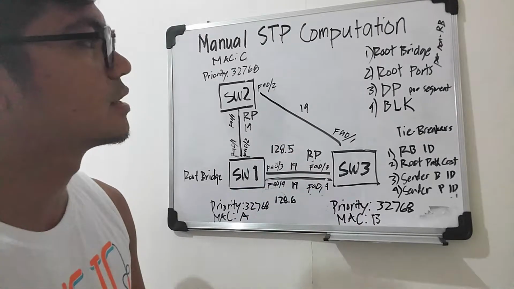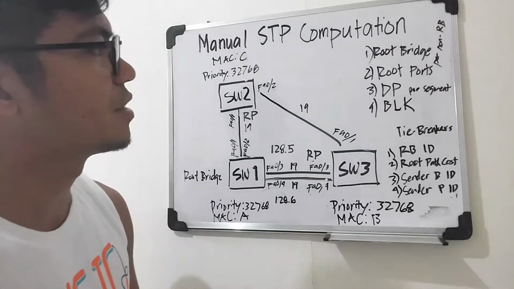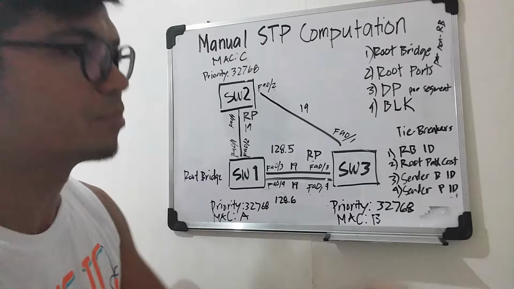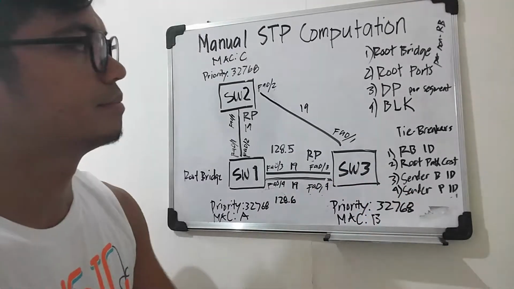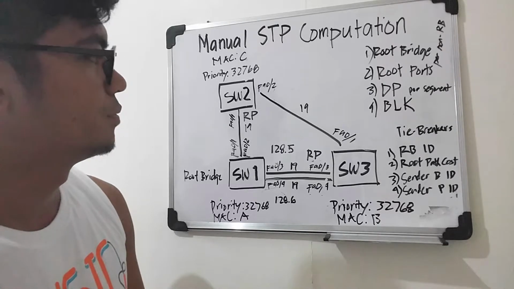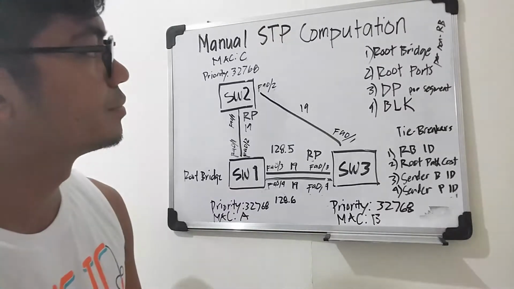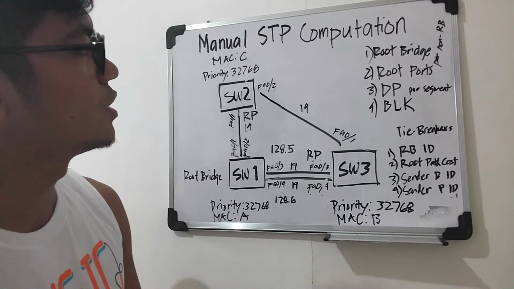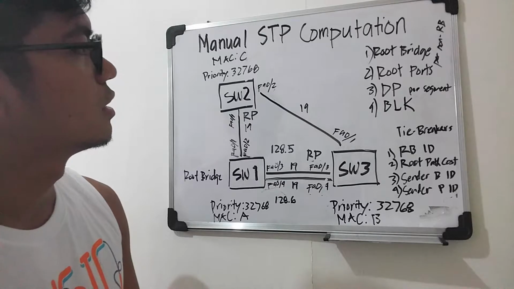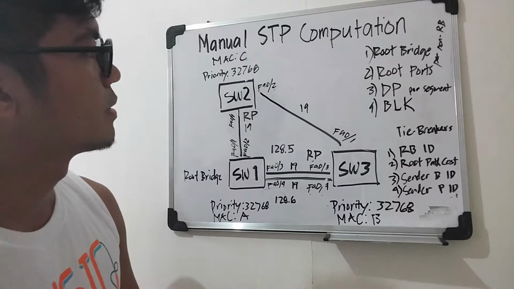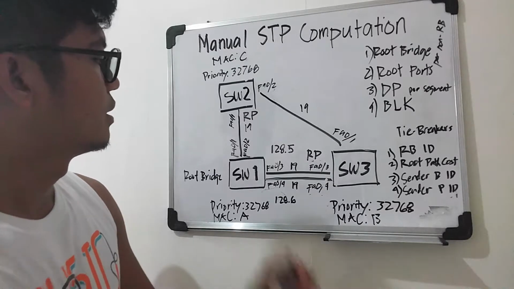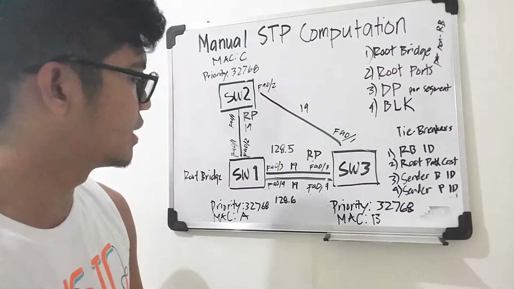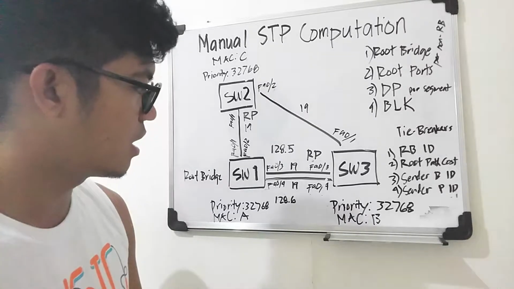Next we need to identify the designated port per segment, or per link. Of course we should use the path cost. All the ports on the root bridge have a cost of 0.